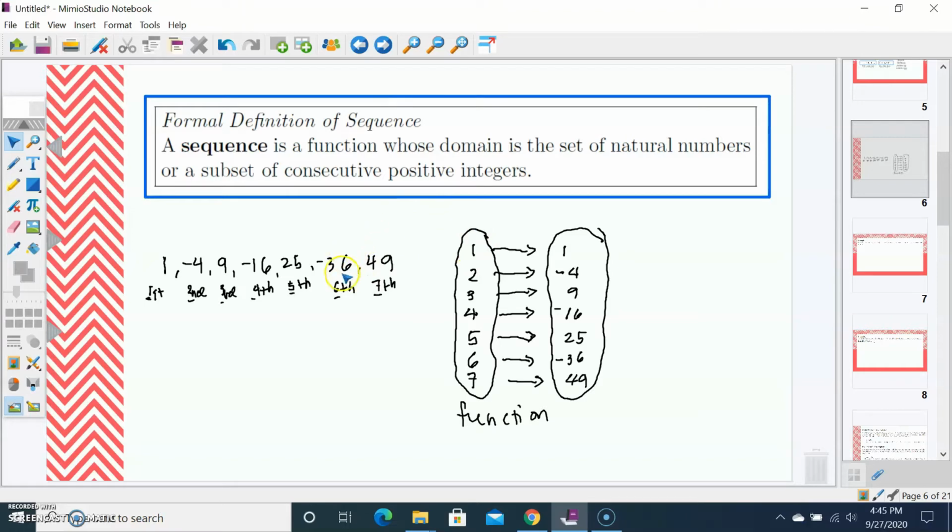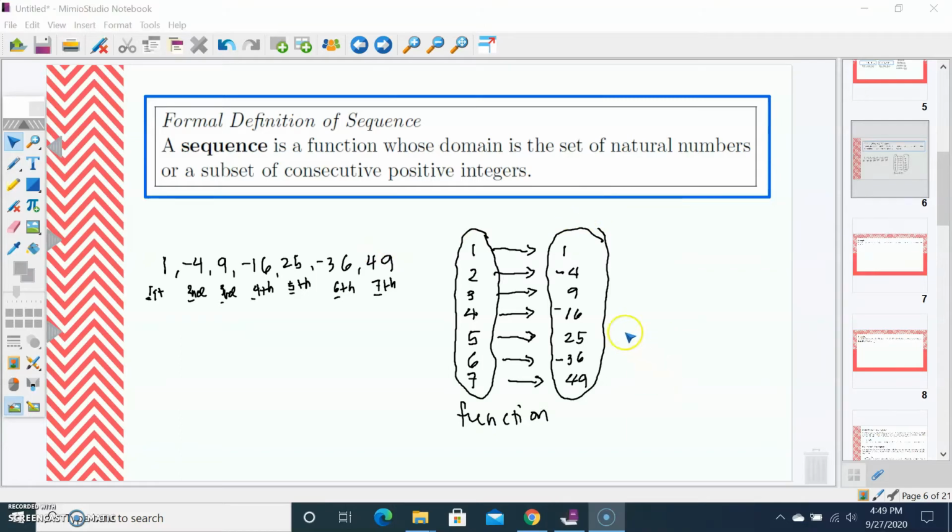Kapag sinunod kasi natin yung previous definition ng sequence, maaaring may hindi sumama doon. So dito, finormalize natin, ginawa natin more general yung definition ng sequence.